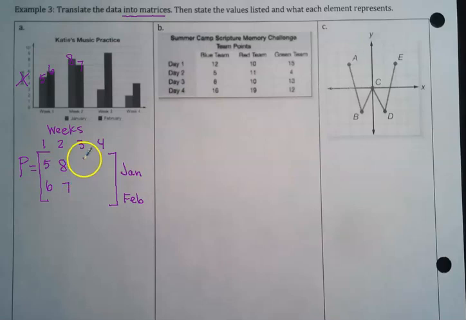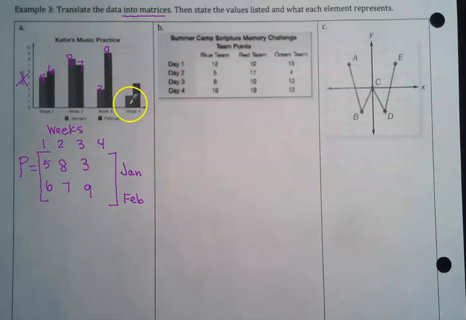All right, in week 3, in January, how many hours did she practice? 3. So we're going to put a 3 in that spot. In week 3 for February, she practiced how many hours? 9. So we're going to put a 9 in that spot.